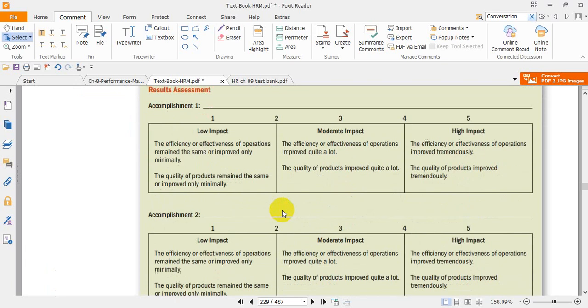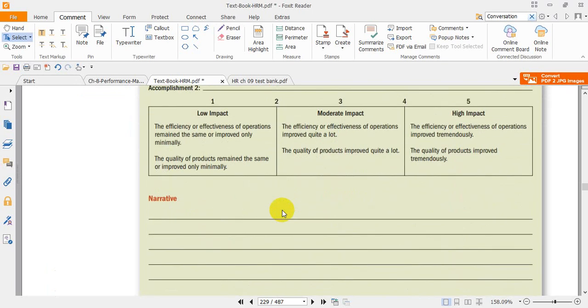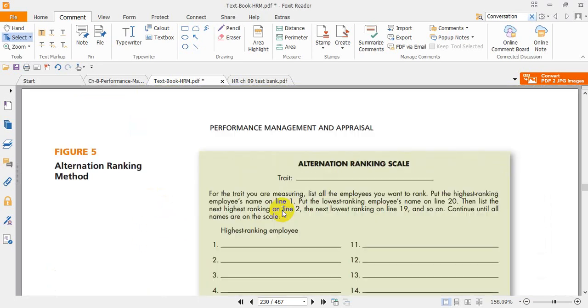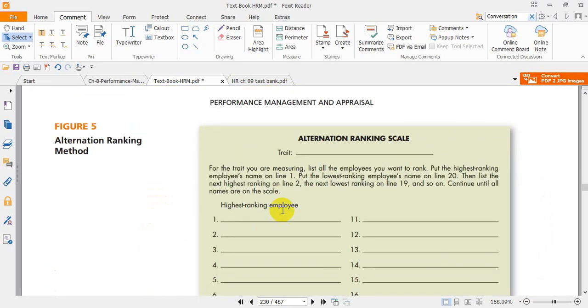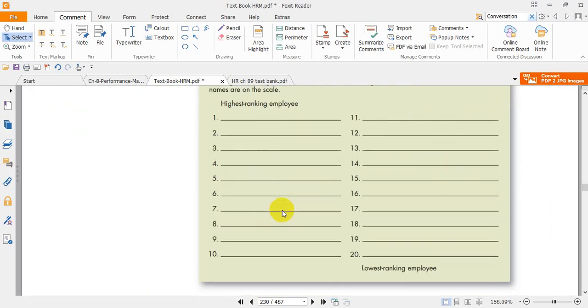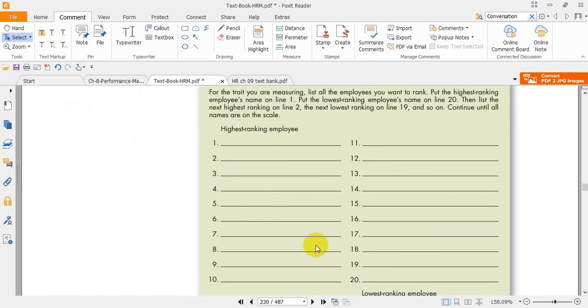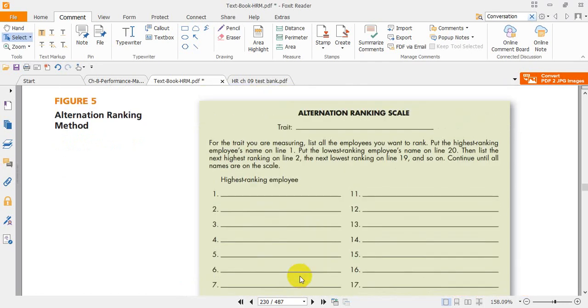This is figure number 5. And these are the rankings. For the trait you are measuring, list all the employees you want to rank. Put the highest ranking employee's name on line 1, and put the lowest ranking employee's name on line 20.